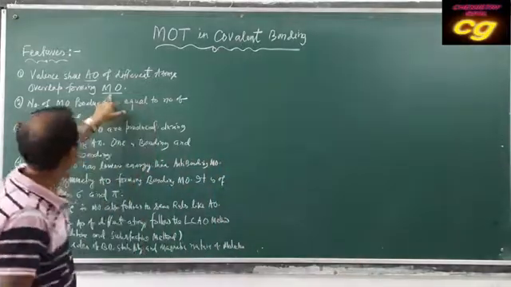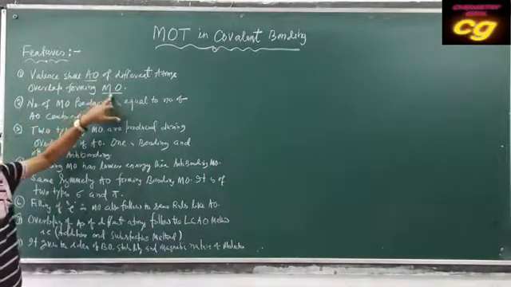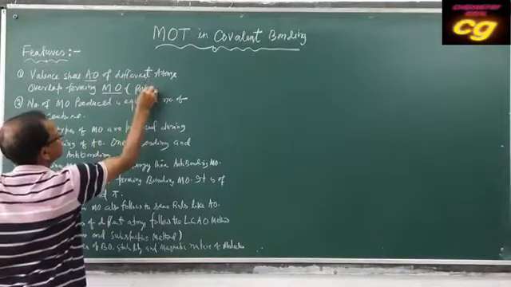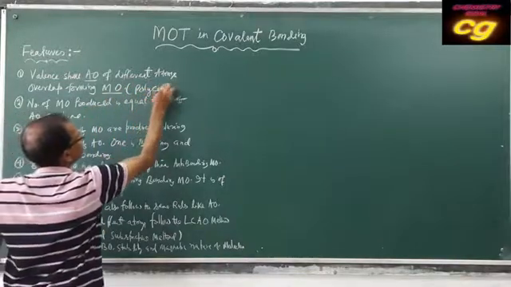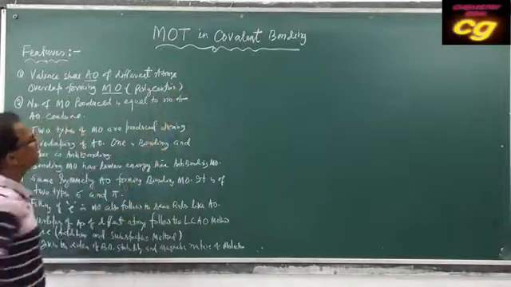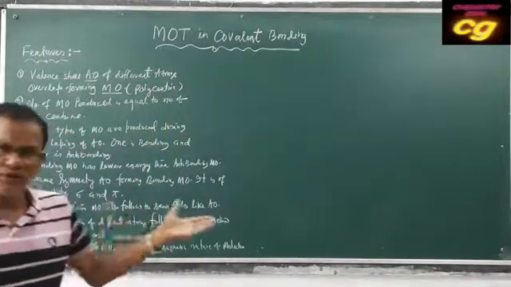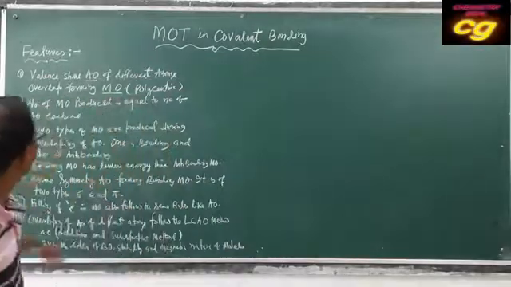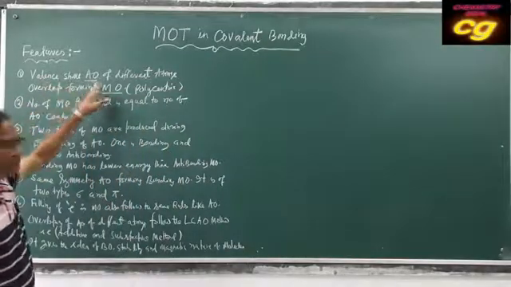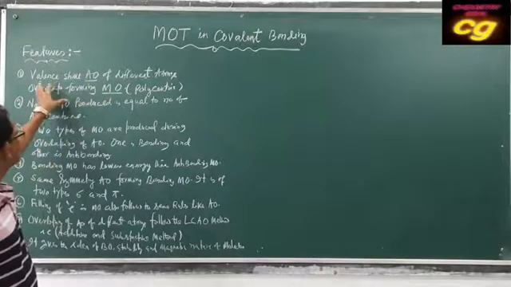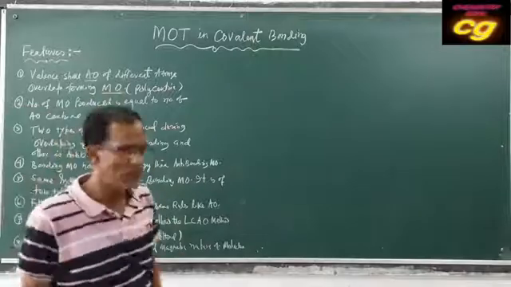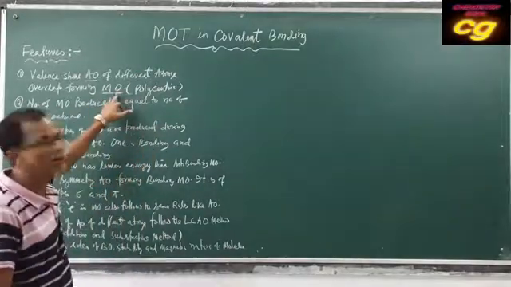And this molecular orbital is polycentric. Polycentric means it is produced in between different atoms, two or more atoms. That's why the atomic orbitals of the bonded atoms overlap each other, forming molecular orbitals.